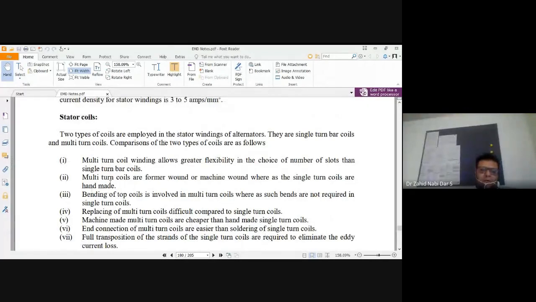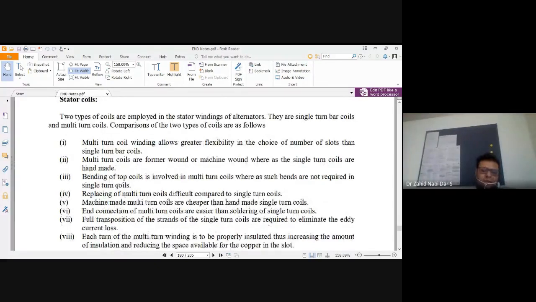One more important advantage of the multi-turn coil is that it is also easier to wind as compared to your single turn coil, which are usually handmade. The bending of top coils is involved in multi-turn coils, whereas bends are not required in single turn.